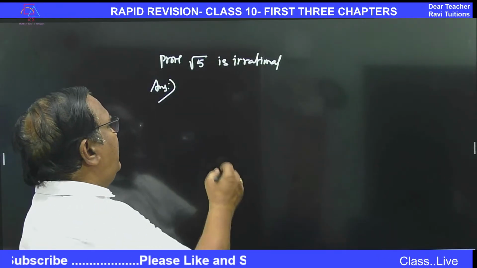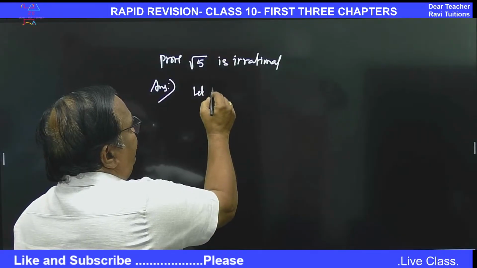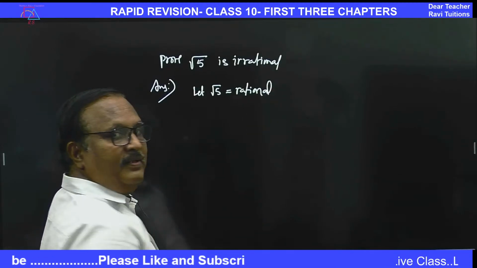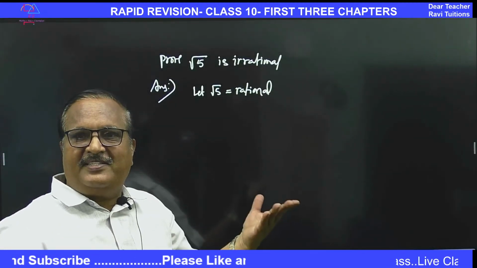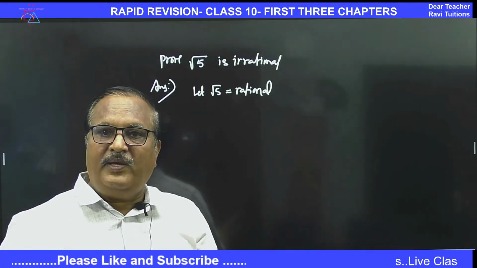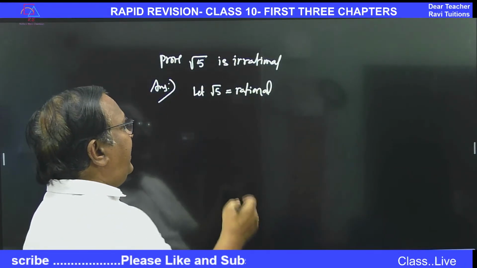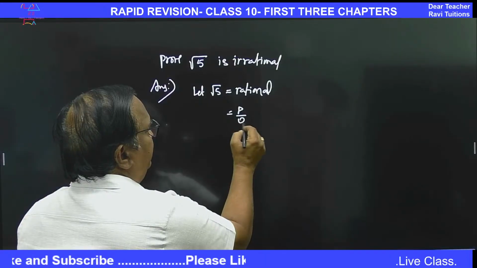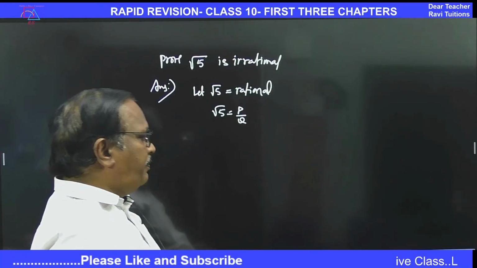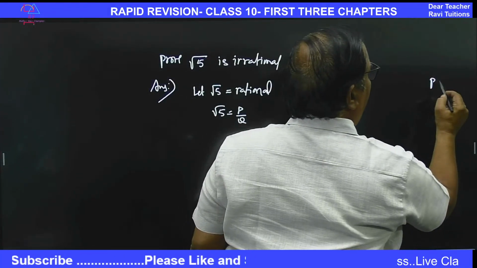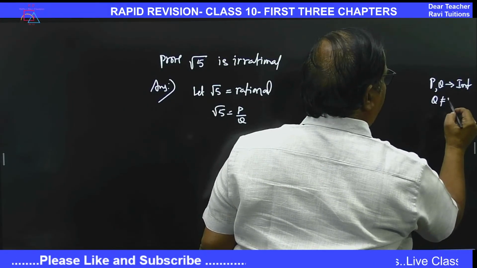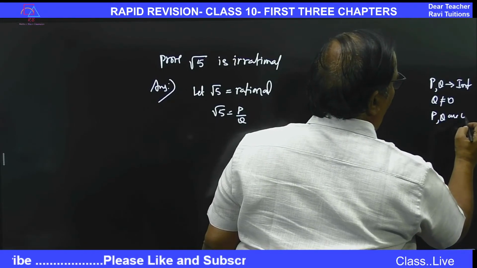Okay. So now let us say, let root 5 is equal to rational number. I am taking this root 5 into rational numbers and I am verifying whether this root 5 is following the properties of rational number or not. So rational number means p by q. P by q is a rational number. There is a definition. So p by q, p and q are integers, are whole numbers, and q is not equal to 0, and p and q are co-prime numbers.